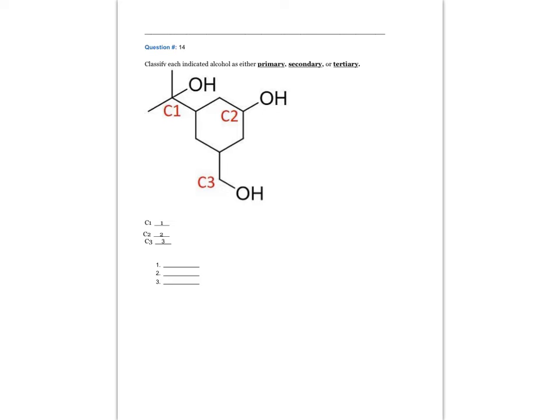Question number 14. Classify each indicated alcohol as either primary, secondary, or tertiary. So this alcohol is bonded to 1, 2, 3 carbon atoms. Therefore, it is tertiary.